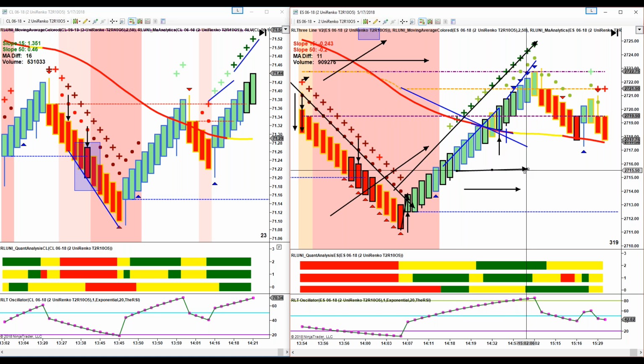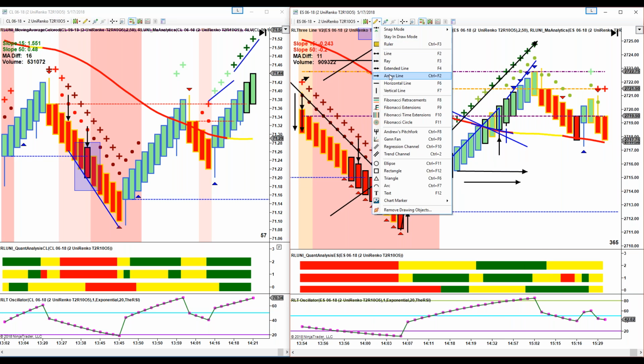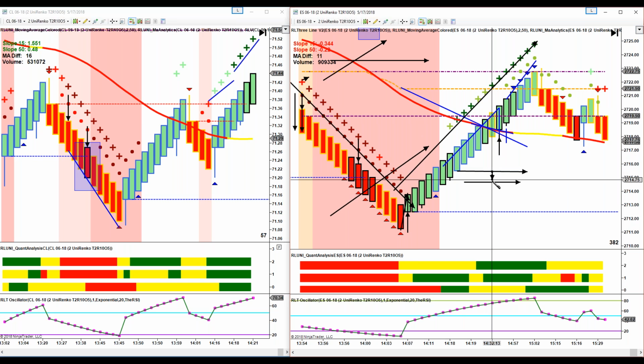Last target is 4 points. But let's say it goes 3 ticks and then comes back to stop you out. Well, this 8 ticks jumps up 3. 1, 2, 3. So when it comes to taking you out, you're only out 5 ticks.